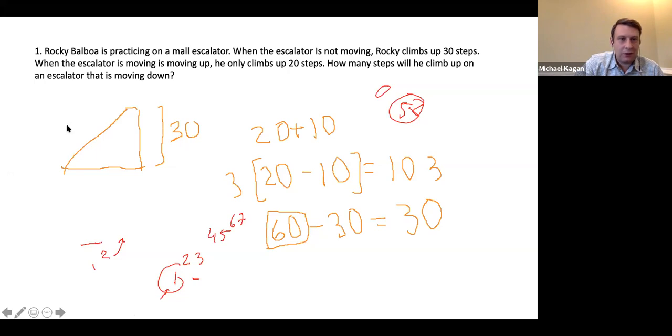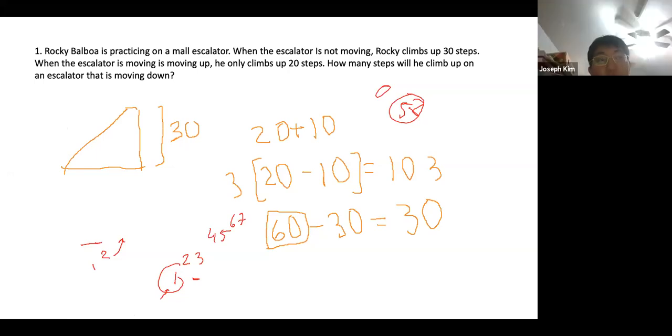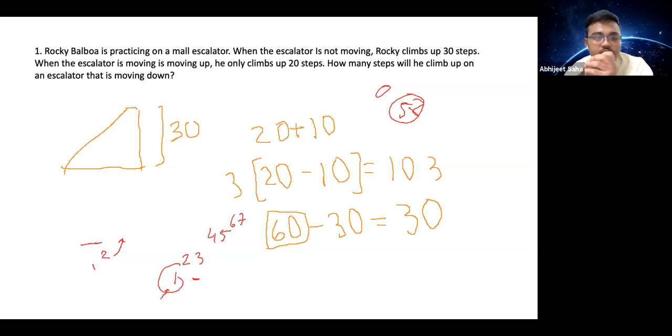So Joseph, you were the first who submitted 60. Do you want to say anything? Yeah, I also thought about a similar way to others. If there's 30 steps and he only goes at 20 steps when it's moving, that means he's getting a boost of half his speed.